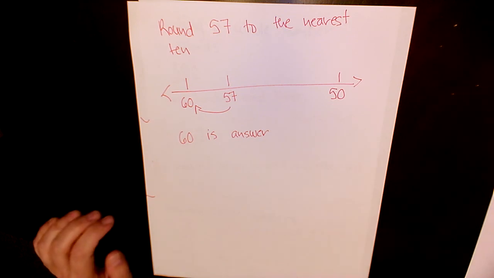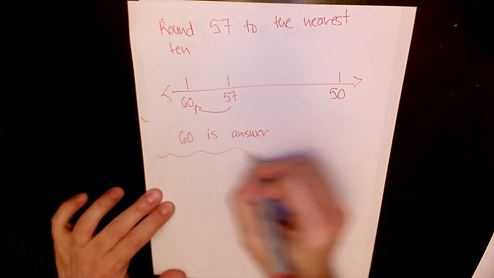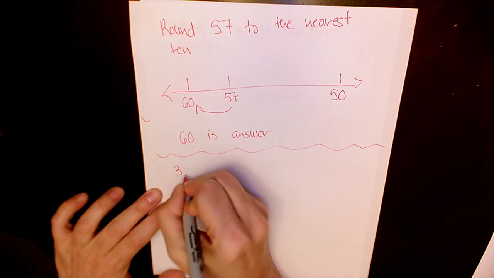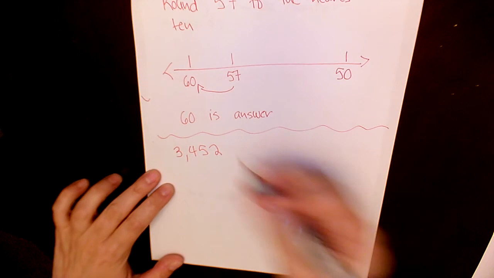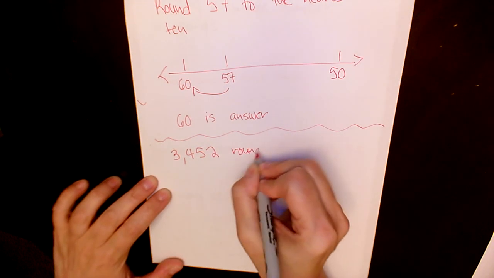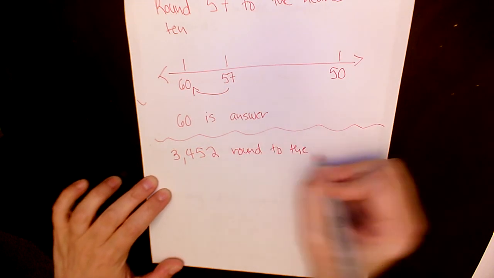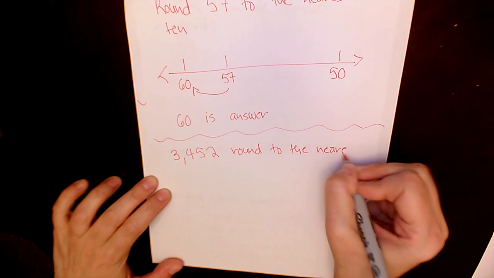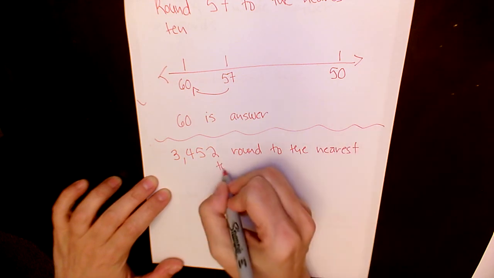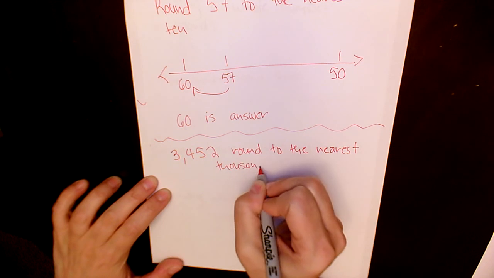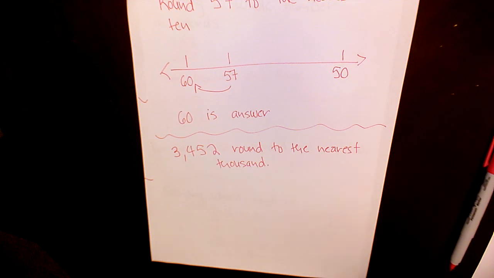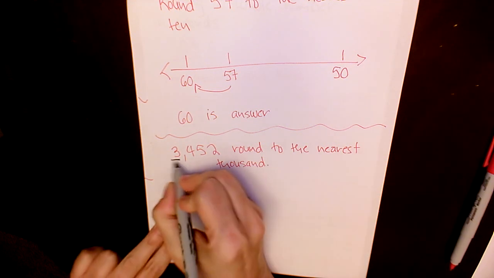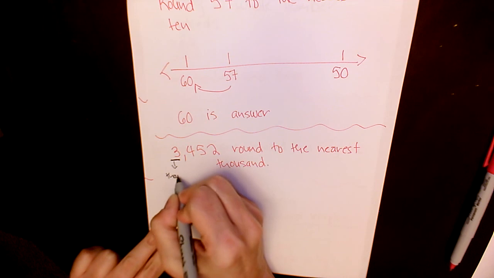So what if I wanted to round, let's see another one. 3,452 is our number, and I want to round to the nearest thousand. So who's sitting in the 1,000 place? The 3 is.